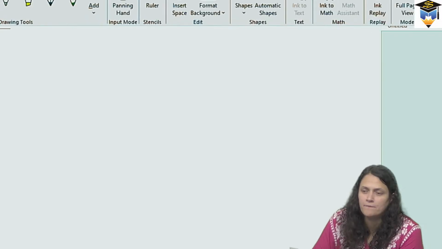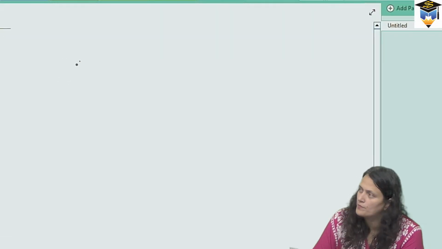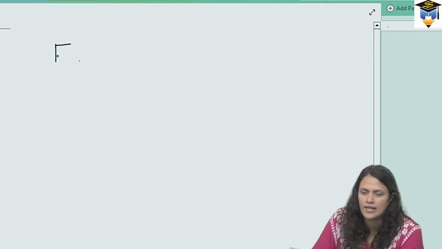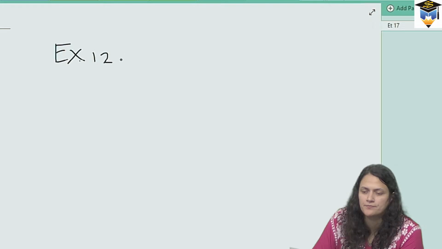We are starting with exercise 12A, the first sum.